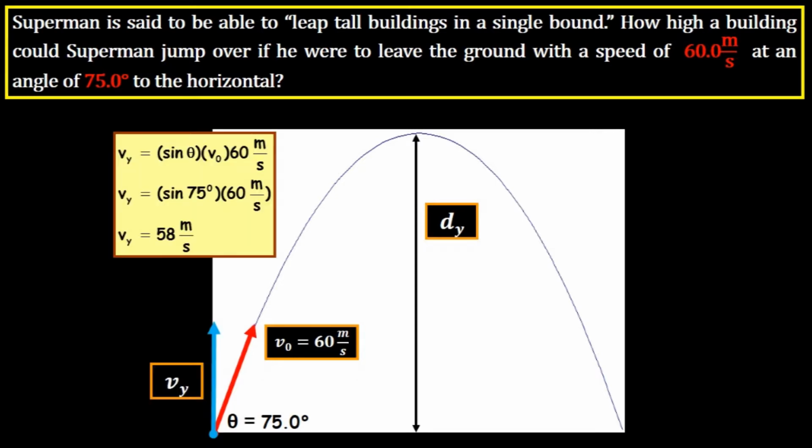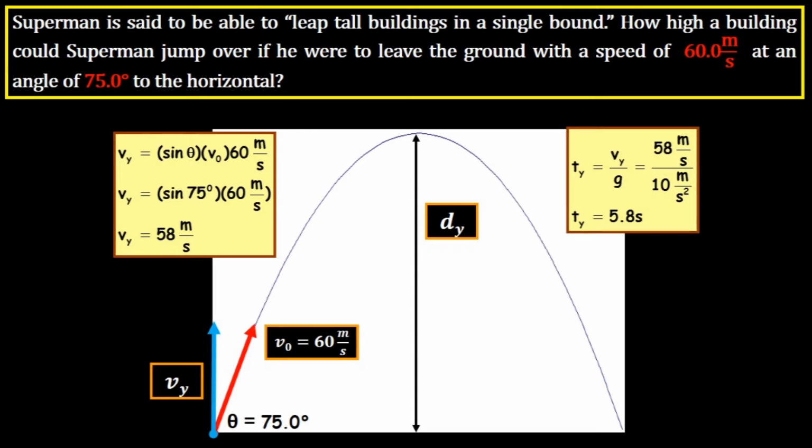It would fall according to dy equals 1/2 gt squared. You could say 5 ty squared, and that would be 168.2 meters.